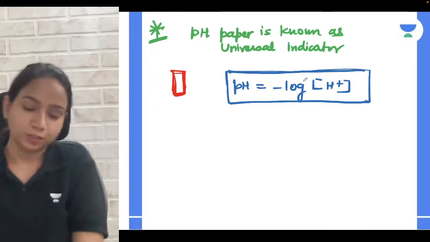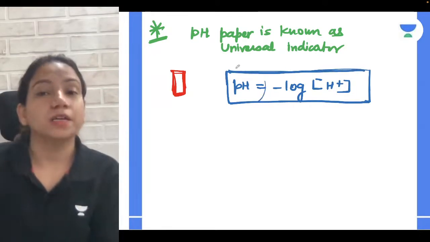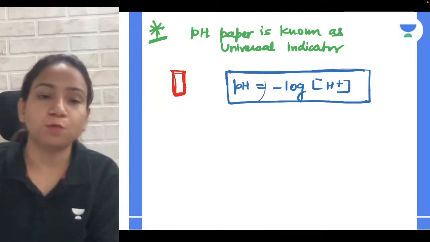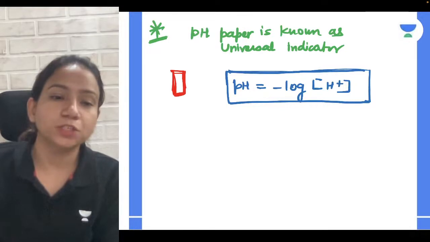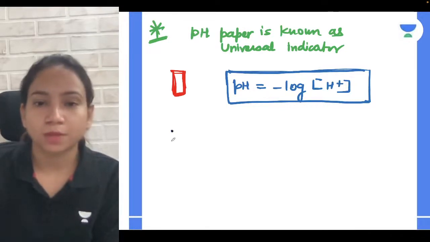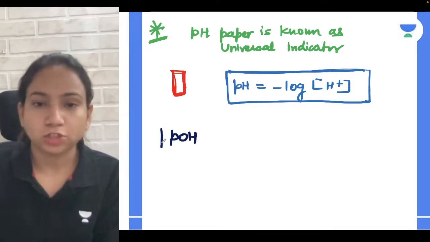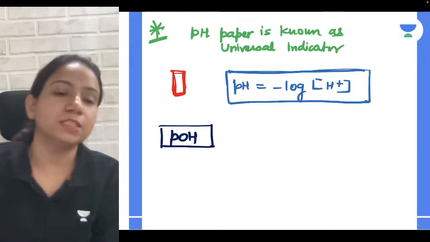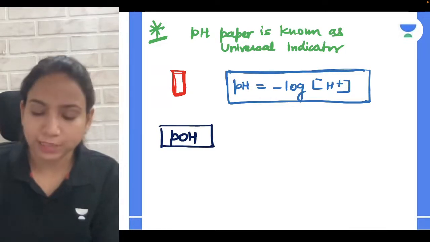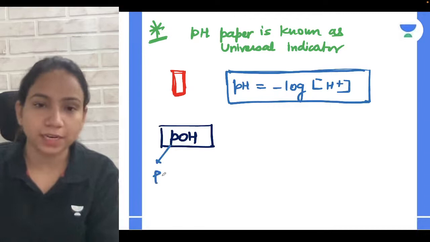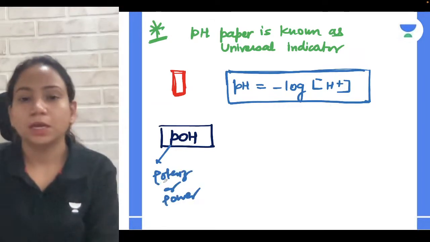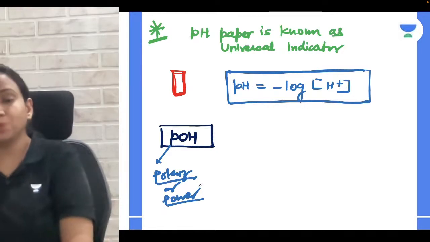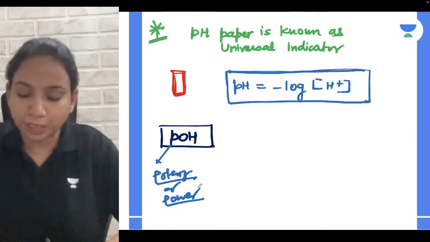Very good. Now if this is pH, what is going to be pOH? Tell me, guys, what is going to be pOH? pOH is nothing but P again stands for potence or power, correct? Just like we talk about pH, we can discuss pOH also.